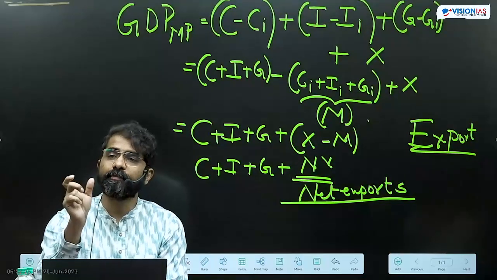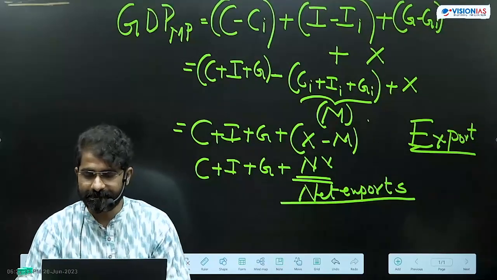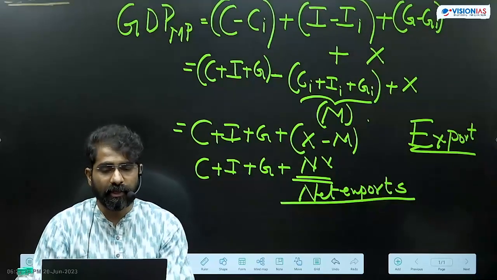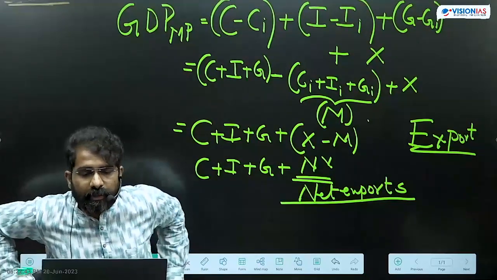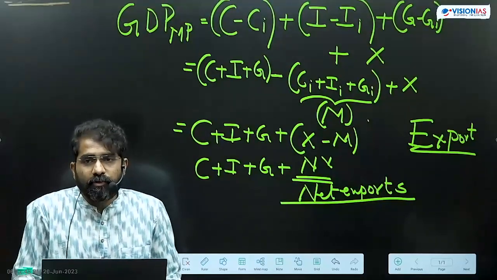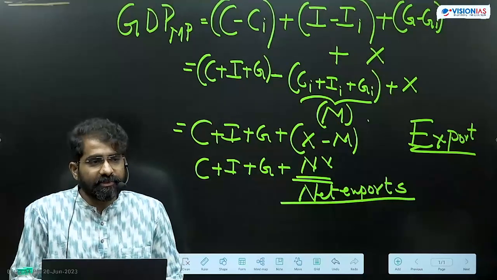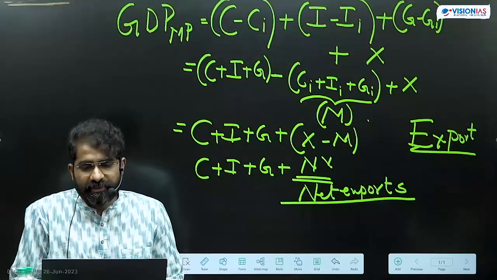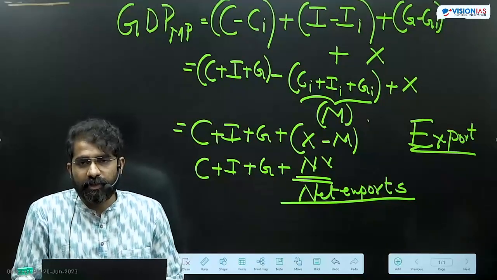Okay, next put the heading: precautions. To avoid double counting, expenditure on all intermediate goods and services is excluded.